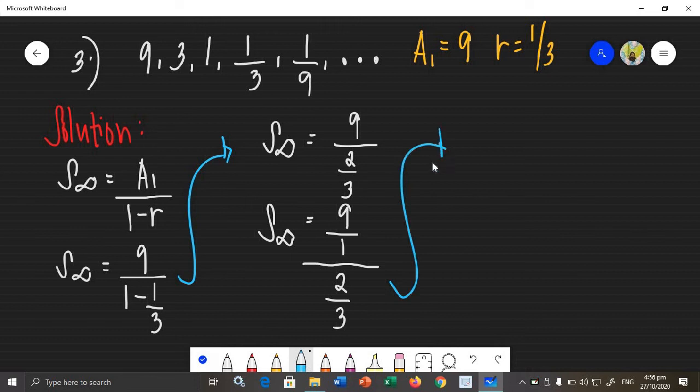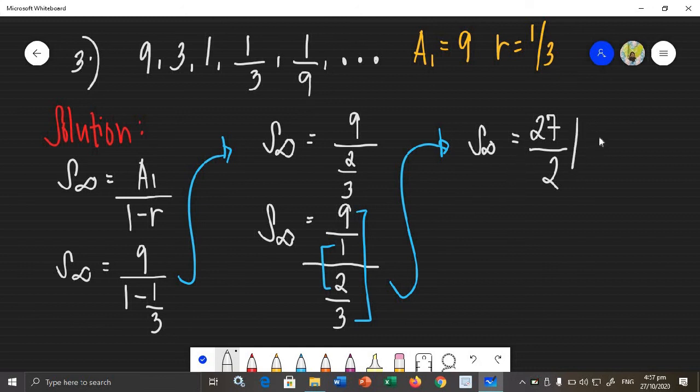So continuing the solution here, S sub infinity is equal to, so the product of your extremes will be the numerator, so 9 times 3, that is 27. And then the product of your means will be the denominator, so 1 times 2, the answer is 2. Therefore, the sum of infinite terms of the given infinite geometric sequence is 27 over 2.